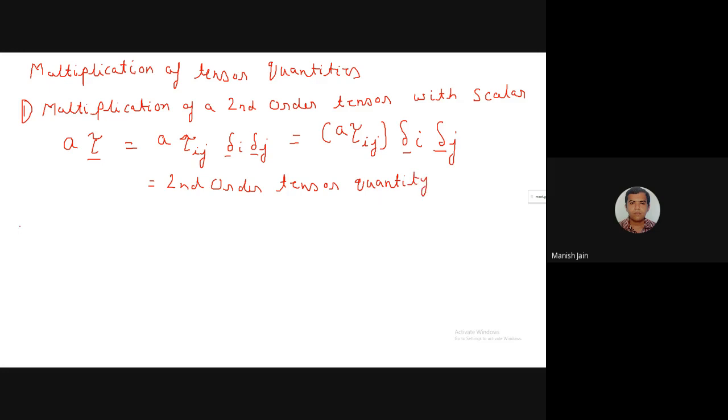Okay. Second is multiplication of a second order tensor quantity with a vector quantity.